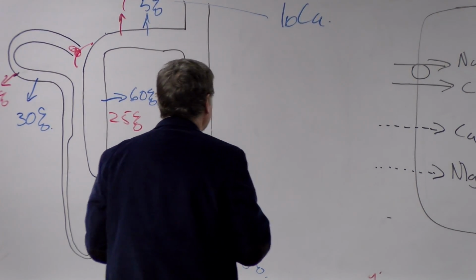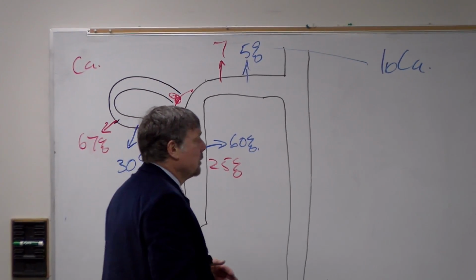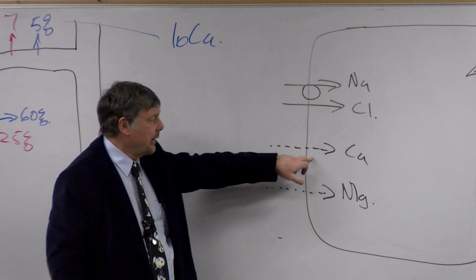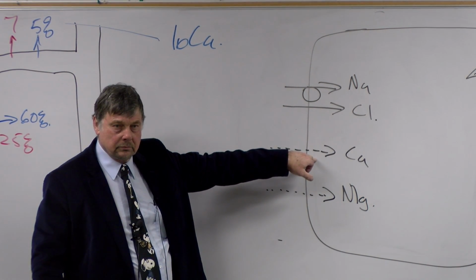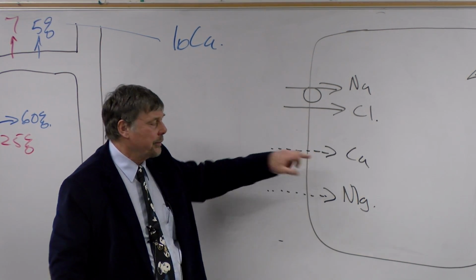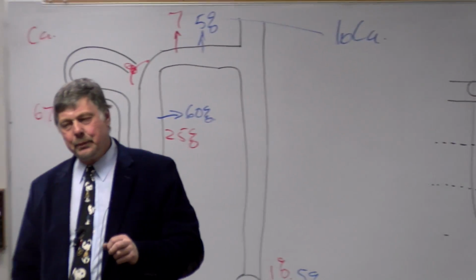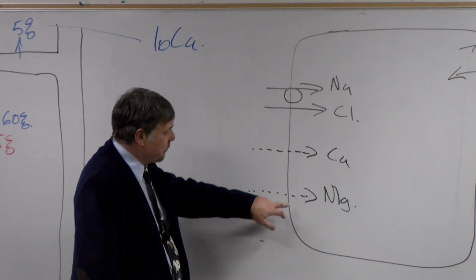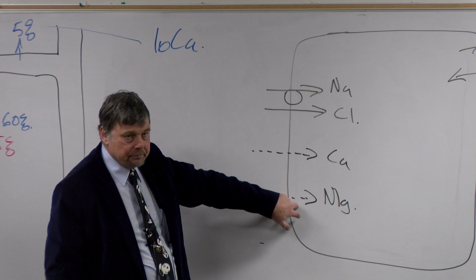So we know that when calcium's low, parathyroid hormone stimulates calcium reabsorption here. Okay? So it turns on some aspect of this TRP channel. We don't exactly know where magnesium is controlled, but we think it's controlled here too. So there is an independent mechanism, we think, for the regulation of magnesium.